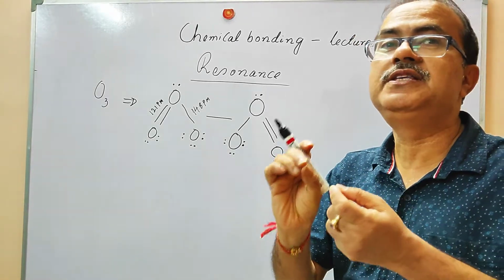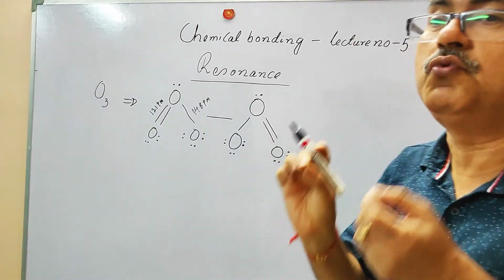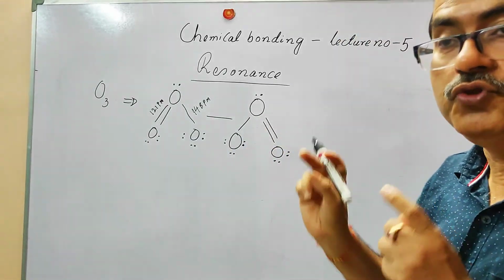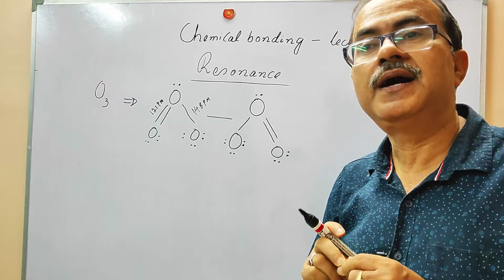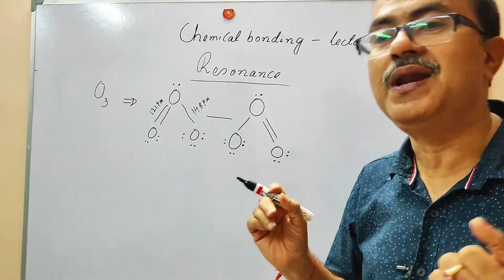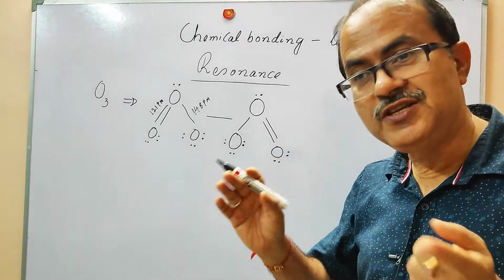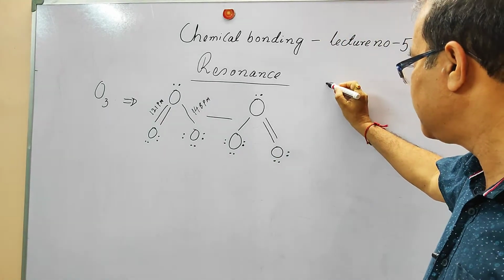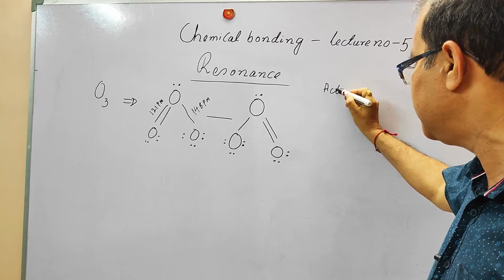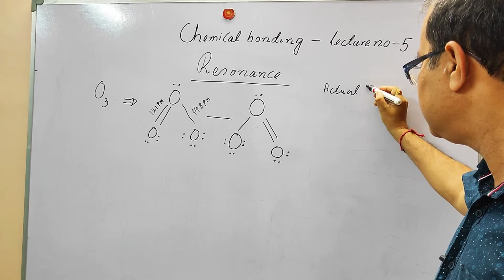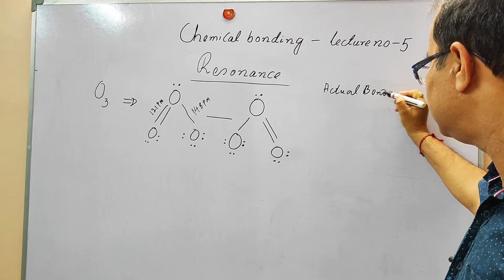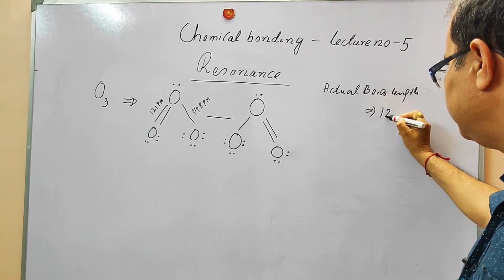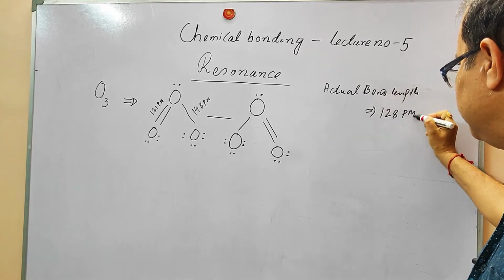But when we actually check the bond length of the oxygen in the O3 molecule, what we find is that the bond lengths are equal. There is no difference in the bond length, and the actual bond length that we observe is 128 picometer.